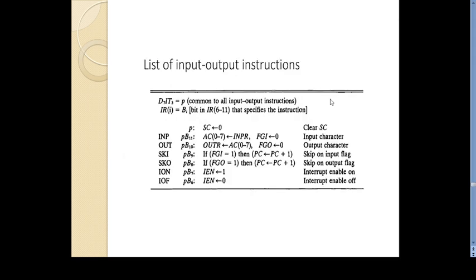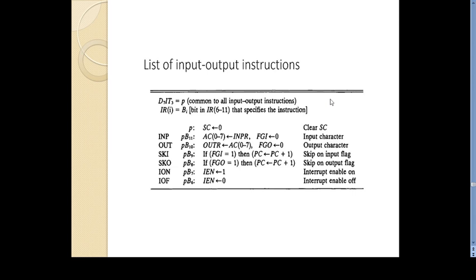Next is the list of input-output instructions. Input-output instructions are needed for transferring information to and from the AC register, for checking the flag bit, and for controlling the interrupt facility. Input-output instructions have an operation code 1111 and are recognized by the control when D7 equals 1 and I equals 1, during T3, that is the T3 time period.